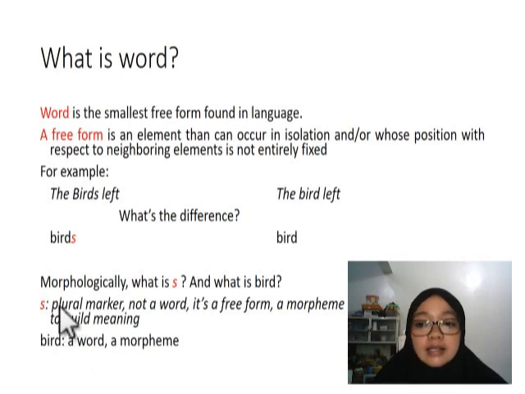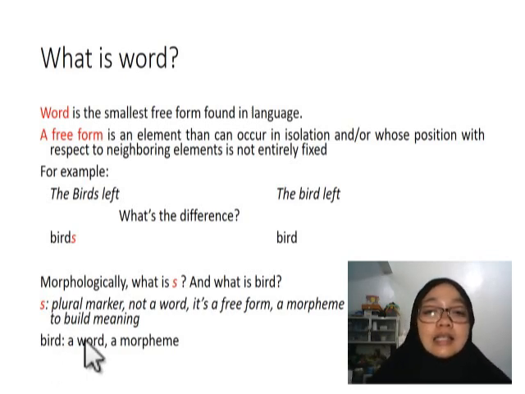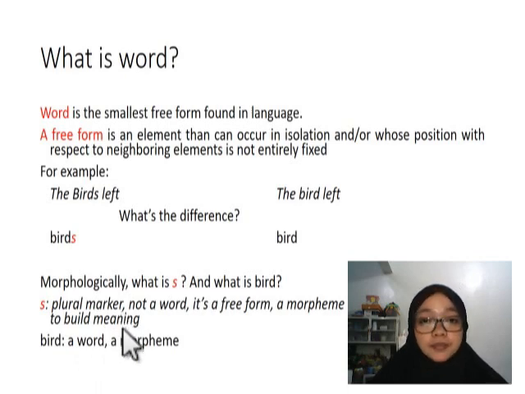So s, which has the function to make the word plural, is also a morpheme. And bird is a word, and this is also a morpheme. Okay, you got the point for this one?